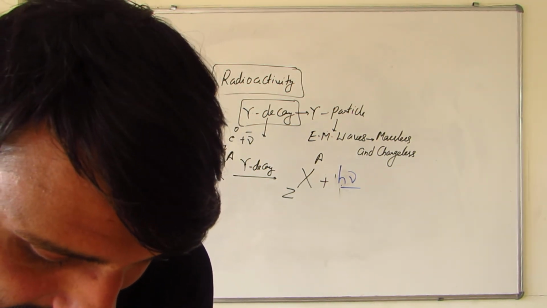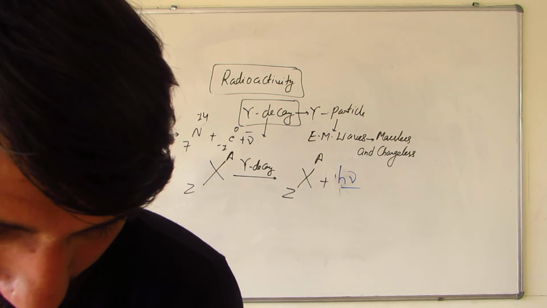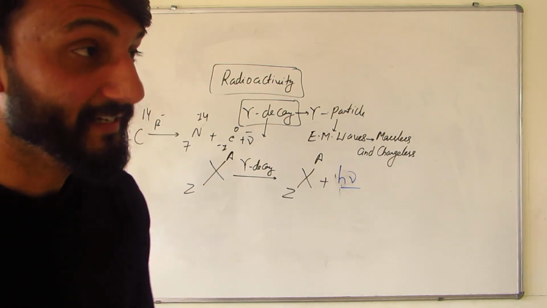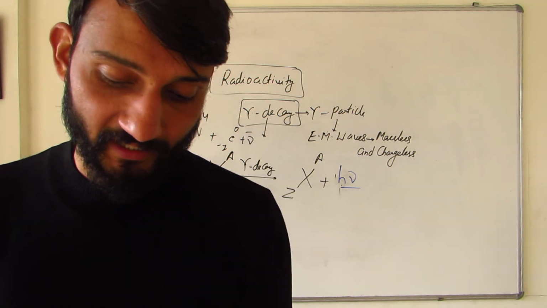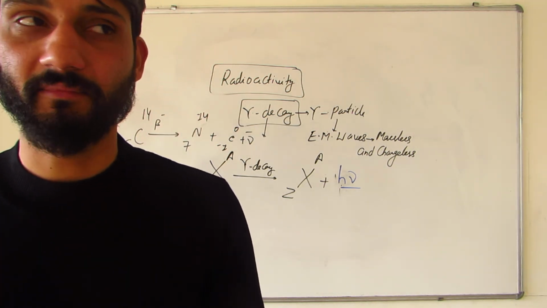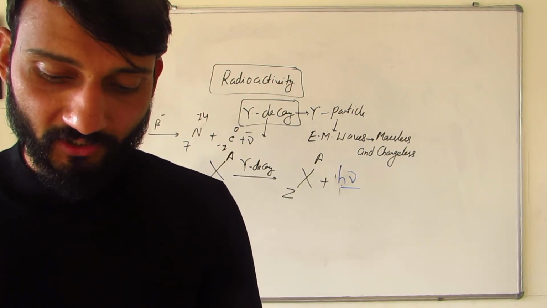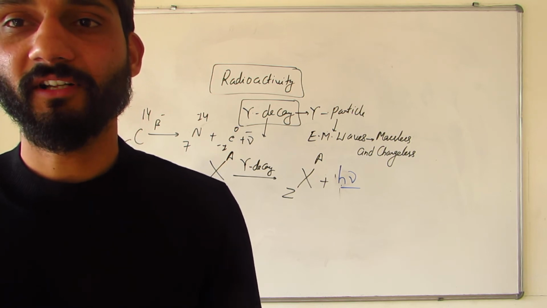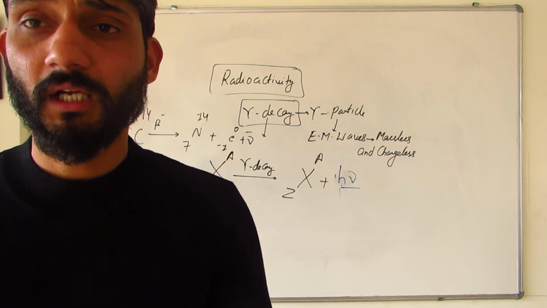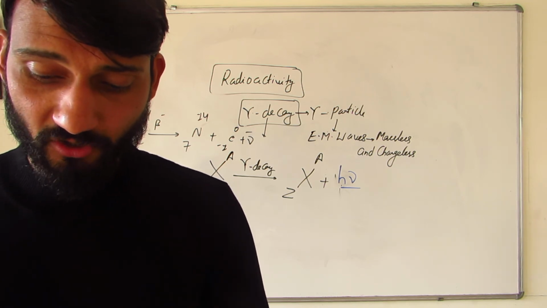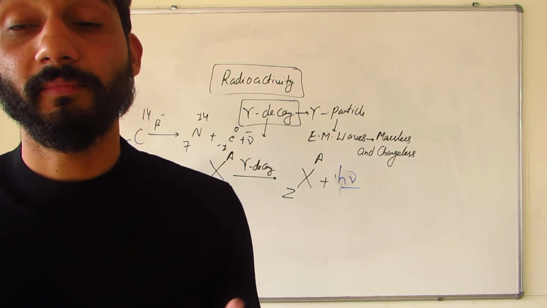Now, if we discuss these three on the basis of certain things like nature. What was the nature of alpha particles? They are positively charged helium nuclei. What is the nature of beta particles? They are negatively charged electrons. What is the nature of gamma particles? They are neutral short waves.